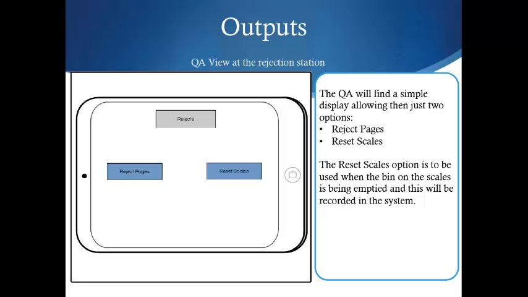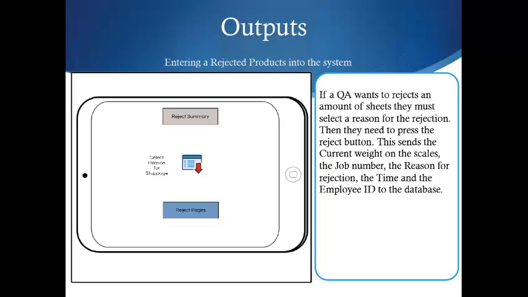The reset scales option is to be used when the bin on the scales is being emptied, and this will be recorded in the system as having happened. If they select reject pages, they will be taken to a second screen. This screen will allow the QA to reject a number of pages, but it will ask them to select a reason for this.